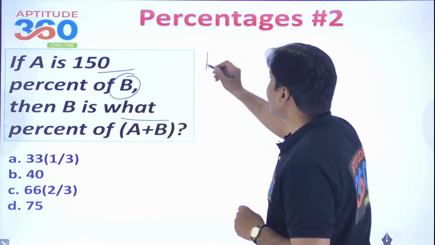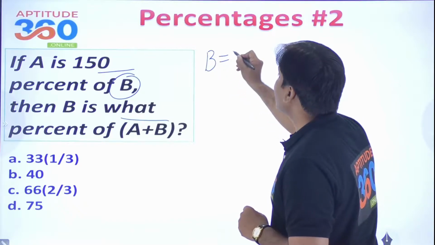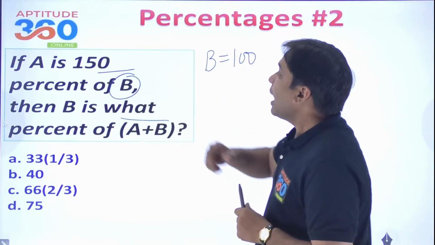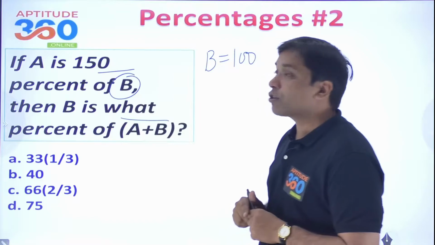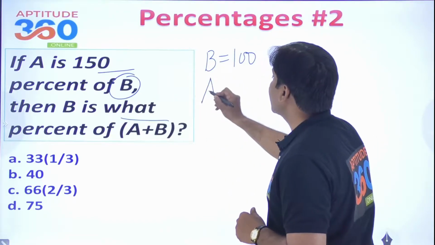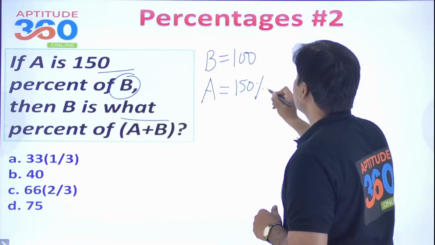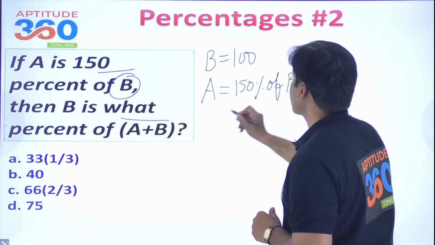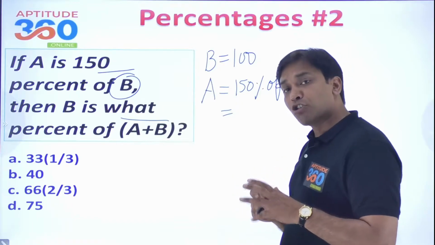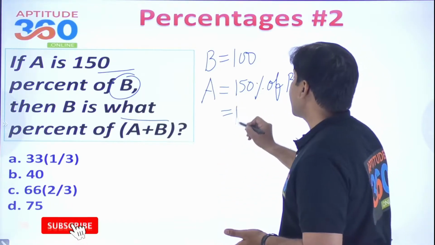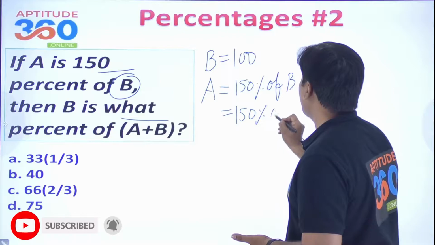And if I do that and I take B as 100, right? A is 150% of B. If you want to write it, this is 150% of B. Now try to understand this thing. If B is 100, A should be nothing but 150. How? 150% of 100.